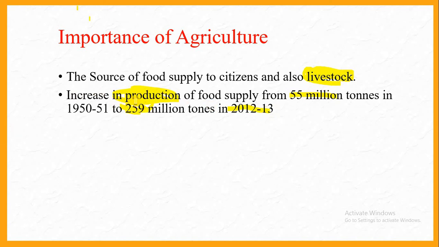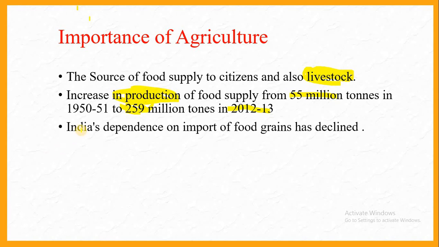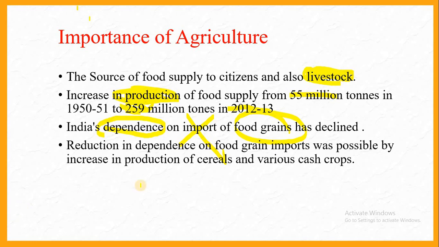And now it is even further, nearly 290 million tons. And India's dependence on other countries for food grains has therefore declined. Can you believe it? When we got independence, we used to import food grains from USA. We used to import wheat. We didn't have enough wheat to feed our population. So the import of food grain has reduced, which is a good thing. And dependence on food grains, especially cereals and cash crops, has been reduced.